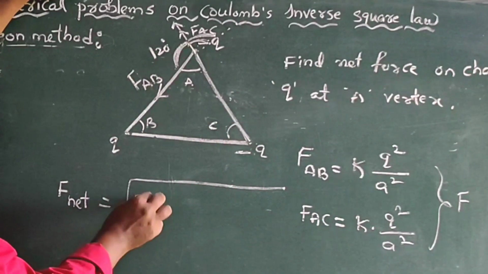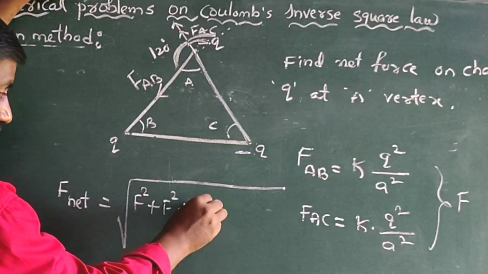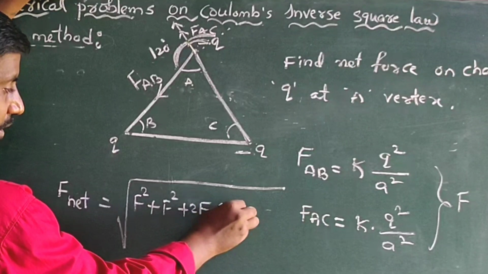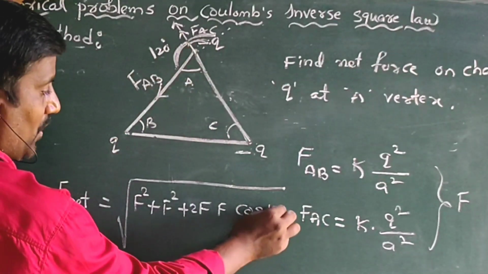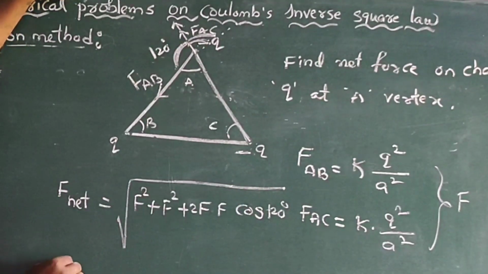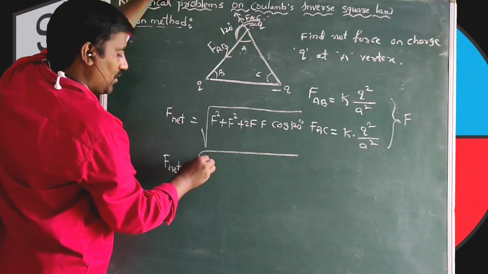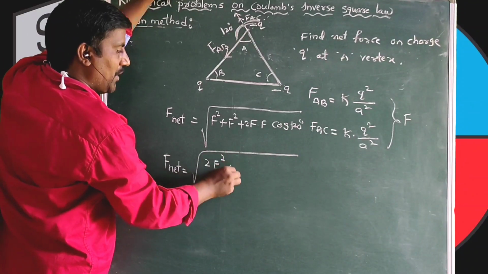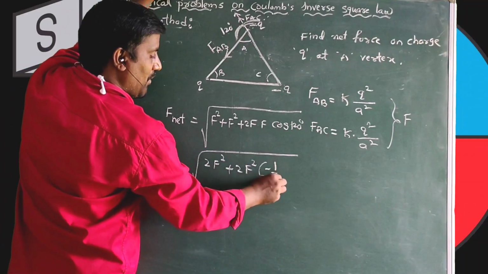So the net force is root over FAB whole square plus FAC whole square plus 2 FAB into FAC into cos theta. The angle between FAC and FAB is 120 degrees, so cos 120 is minus 1 by 2. The net force F net is equal to root over 2F square plus 2F square into cos 120, which is minus 1 by 2.